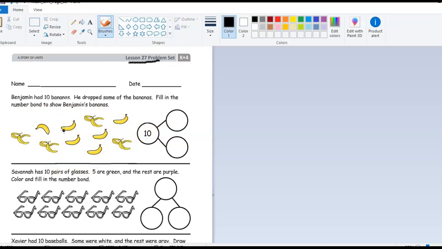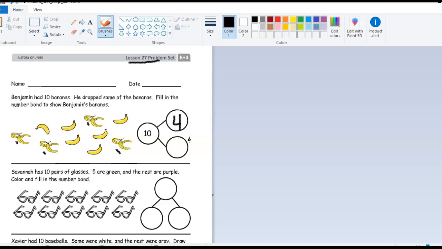Now, let's count how many of those bananas he dropped. Get ready. 1, 2, 3, 4. How many bananas did Benjamin drop? Yes, 4. And 4 is one of our parts. So I'm going to write 4 right there in the part. Now, what about the bananas that he did not drop?